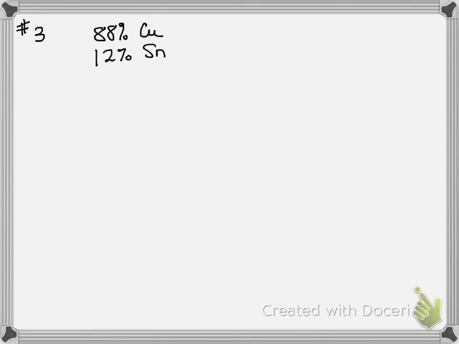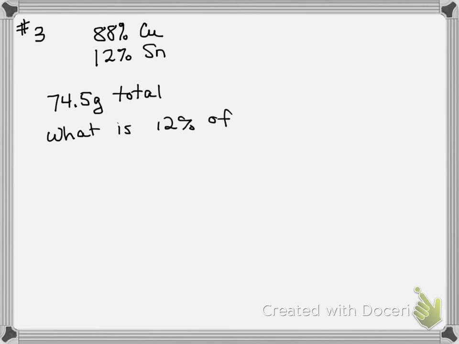So if the total mass is 74.5 grams, and 12% of it is tin, then what we really want to ask is, what is 12% of 74.5?